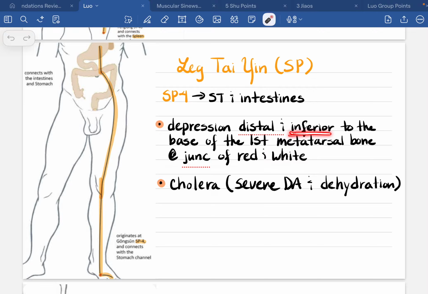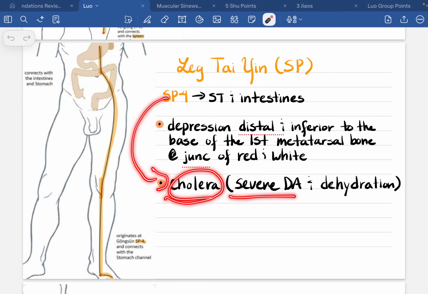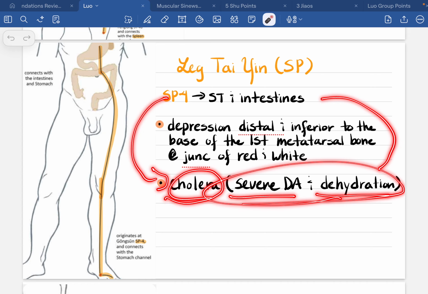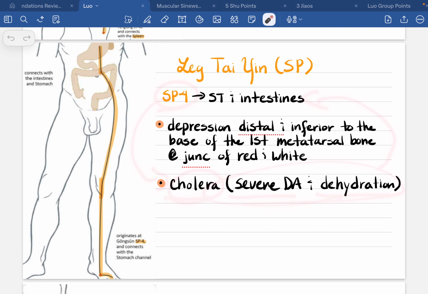Because it also says inferior, and it's distal to it. And it's the junction of the red and white. Now this one addresses severe diarrhea and dehydration. You can link these symptoms back up to where spleen 4 travels to, which is the stomach and the intestines.